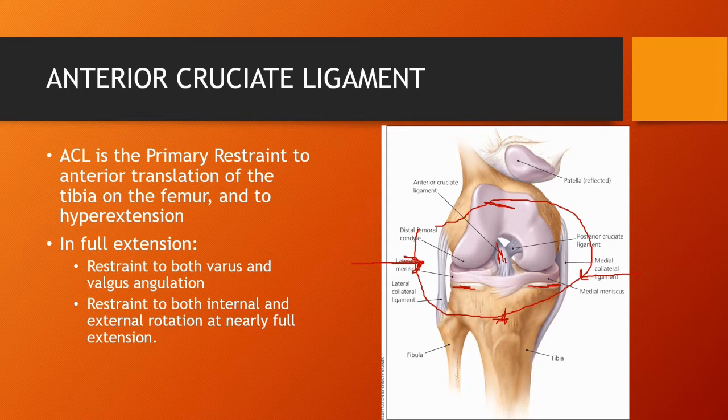But because this ligament is located centrally versus peripherally, it has a small moment arm and a small point of leverage, such that it's easily overwhelmed by both internal and external rotation forces and is easily injured and damaged by them. So when we do our assessments of the anterior cruciate ligament, we want to include internal and external rotation positions in our physical examination testing of this ligament.